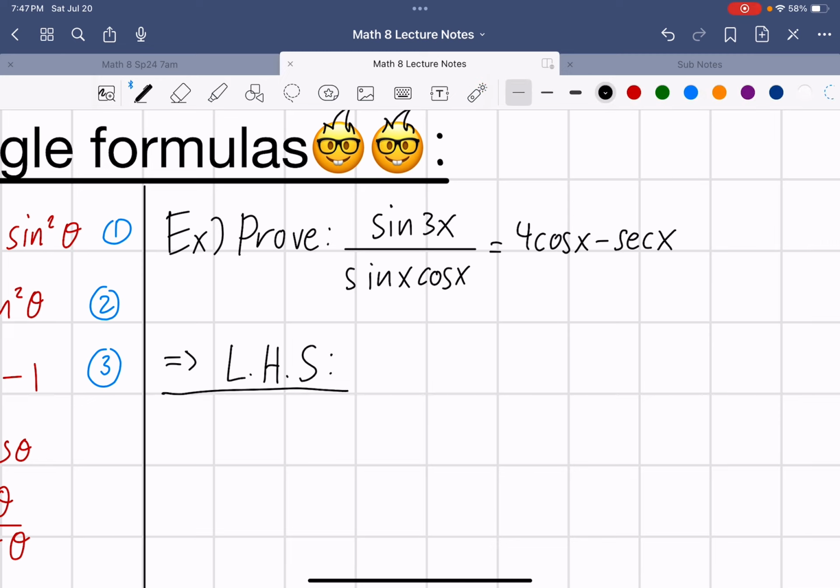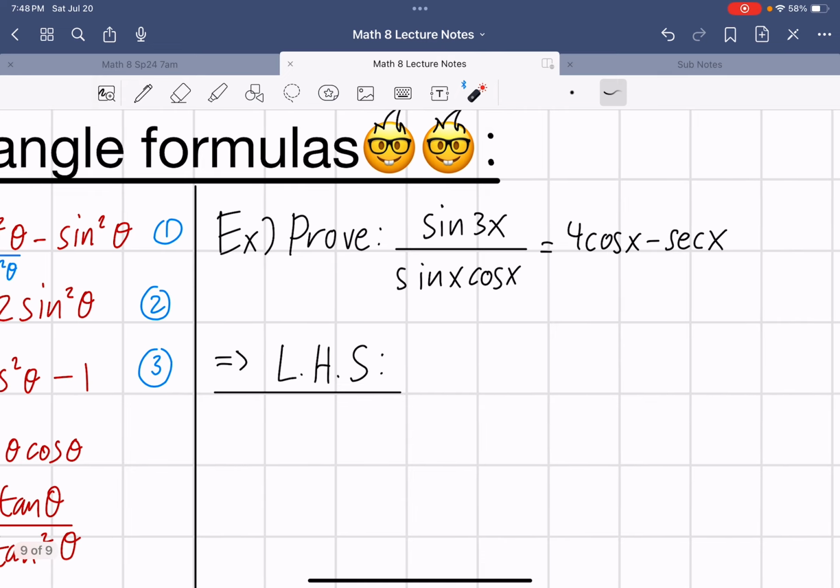Now, this was tricky at first glance. There's not really anything that's guiding me to what this next step is. And sometimes that happens with verifying identities, that there's no clear step for what you should do next.